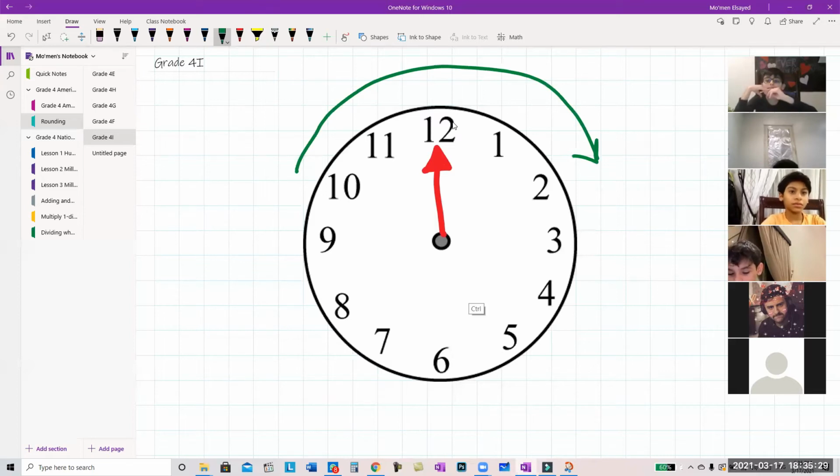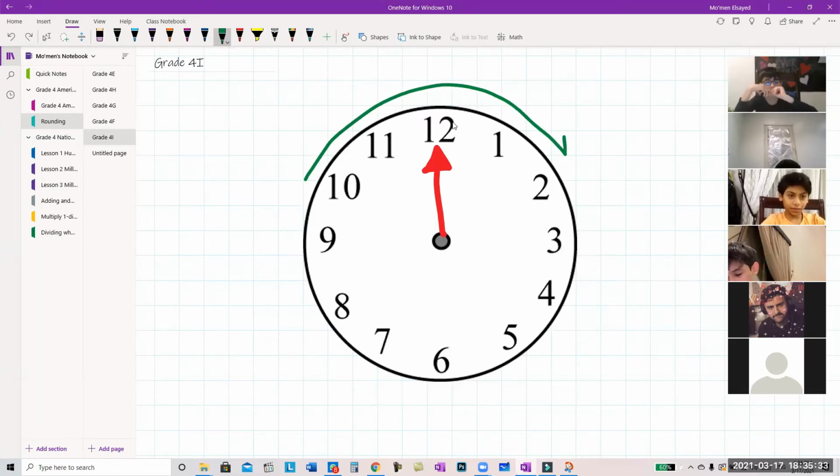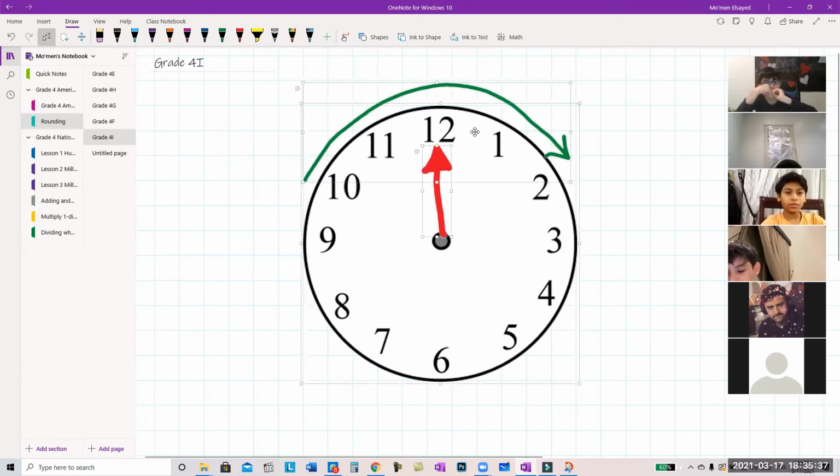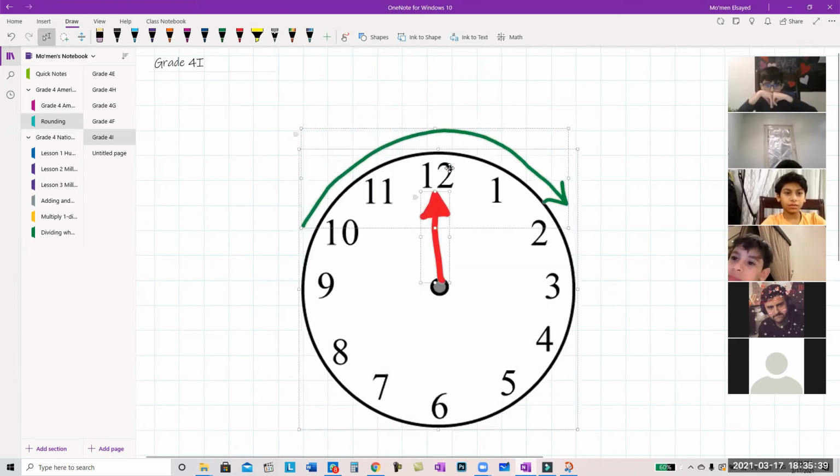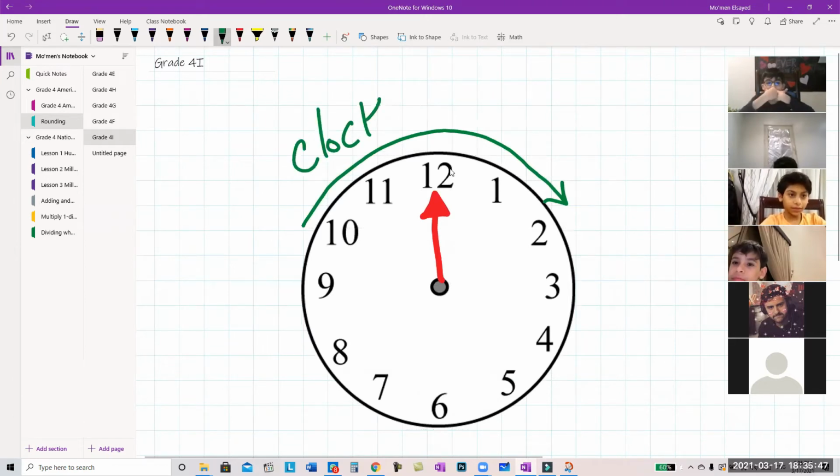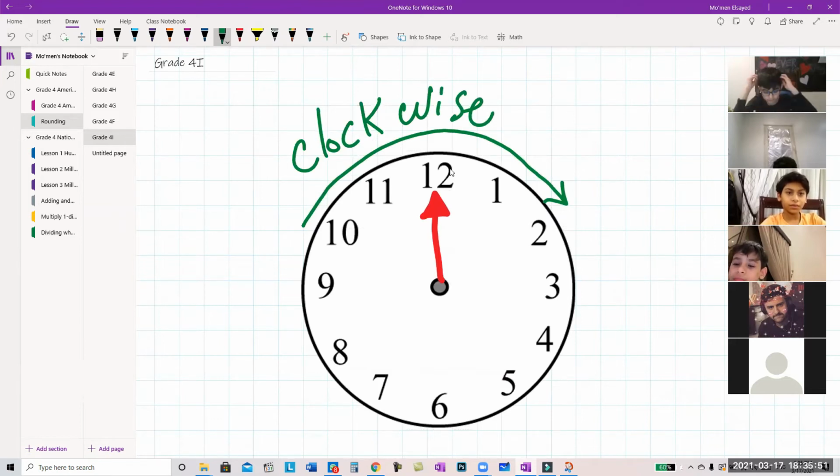That's the normal direction of the hand of the clock. So we're gonna move it like that. This is called clockwise. Clockwise means moving in the same direction like that.